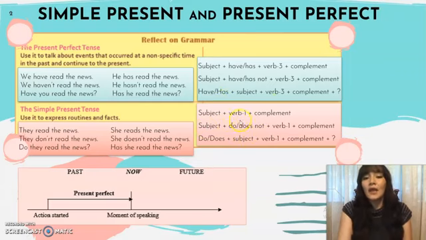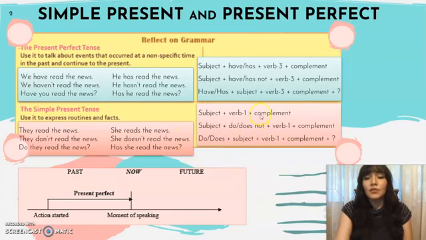Here we add another auxiliary verb, do or does: subject plus auxiliary verb do or does, plus not, plus verb in the base form, and plus complement. So the main difference in this part is that for positive statements, we do not have auxiliary verbs, but for negative statements and for questions, we have auxiliary verbs.